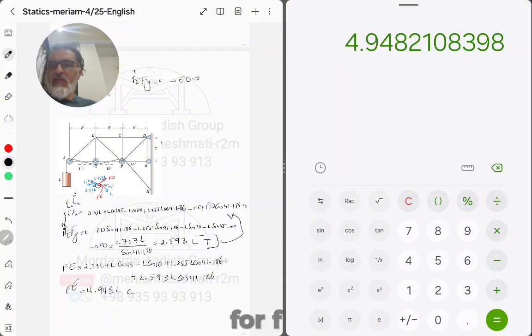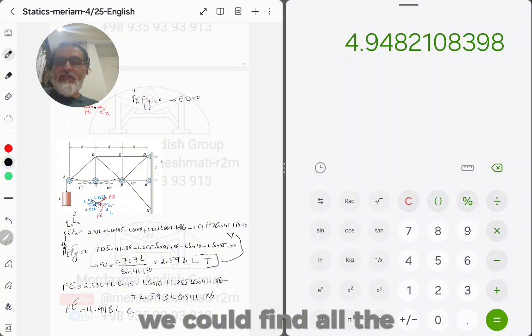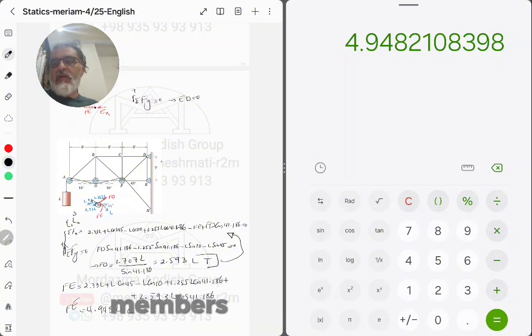For FE compression, we could find all the members, the force of all members.